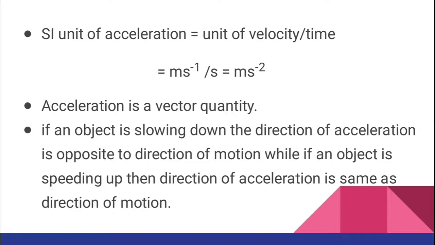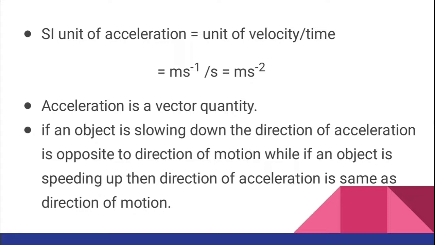While if an object is speeding up, it means initially the object is traveling slowly, but after some time its speed increases. In that case, the direction of acceleration is the same as the direction of motion. So we can conclude, if an object is slowing down, then acceleration is opposite to the direction of motion, and if an object is speeding up, then the direction of acceleration is the same as the direction of motion.